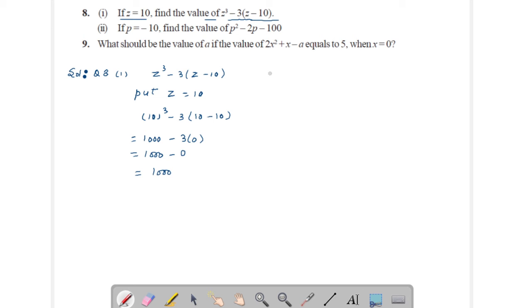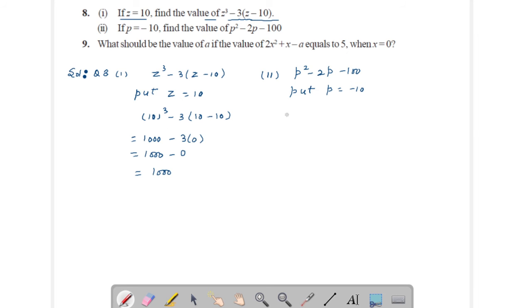Now second part. It is p square minus 2p minus 100. Here put p equal to minus 10.